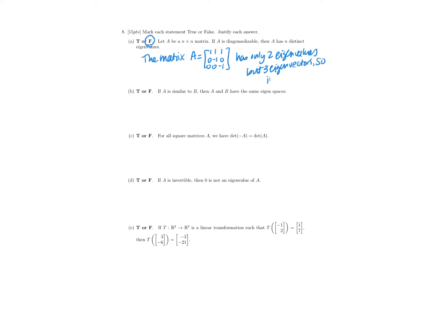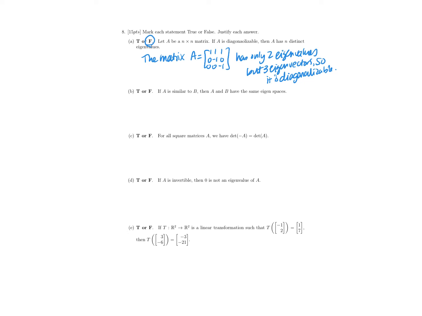So it is diagonalizable. Okay, so if it has n unique eigenvalues, then it's definitely diagonalizable. If it doesn't have n unique eigenvalues, then you have to do a little bit more investigating to figure out if it has n unique eigenvectors.